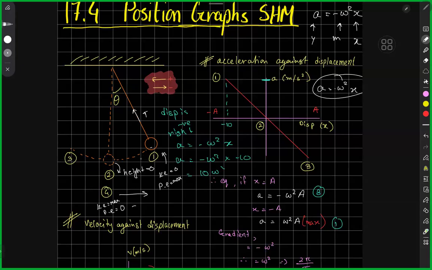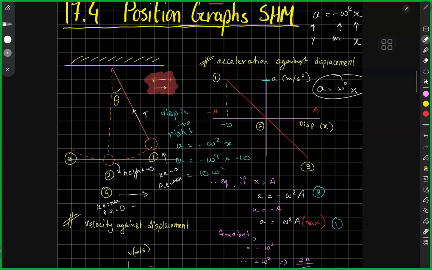Let's say if it's this much above the reference point, I can say it's 1 meter above, or this position is 2 meters above, this position 3 meters above, and so on, right? So at the reference point I have set at the equilibrium position, I have my lowest potential energy, of 0, because h is 0.